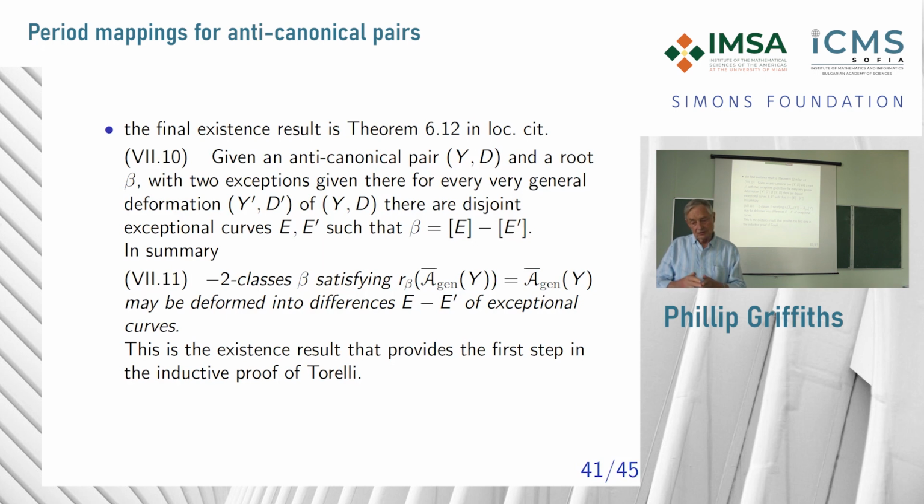So essentially you're using the geometry that you infer from the nature of the period map to reconstruct the configuration of curves, or of exceptional curves, on these pairs. So this is the global Torelli theorem.